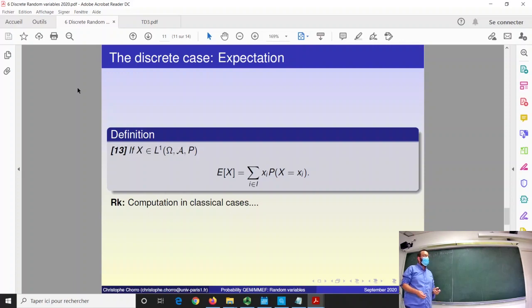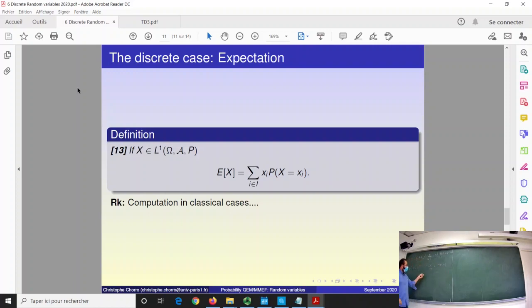So if x belongs to L1, I know that this one is finite, so I have the right, because it's a number, to write this sum.